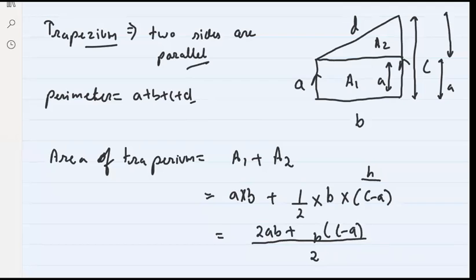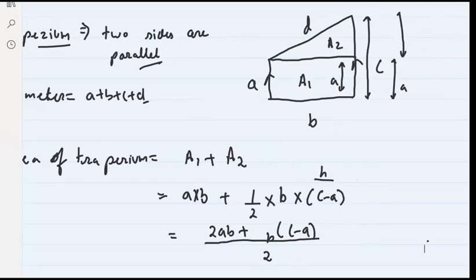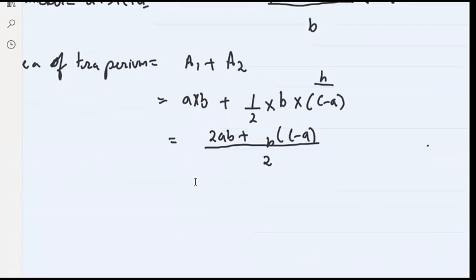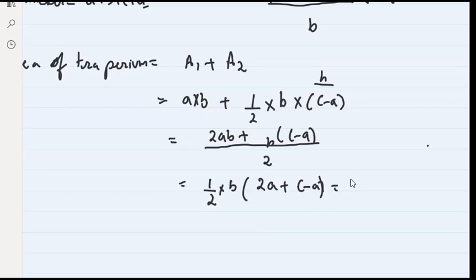Now do not get confused in this formula, right? We'll have a very easy and simple formula now. Just one step, just one step. See this. Half common into. In this, can we take B common? B common, bracket. We have 2A plus C minus A. It's equal to what?